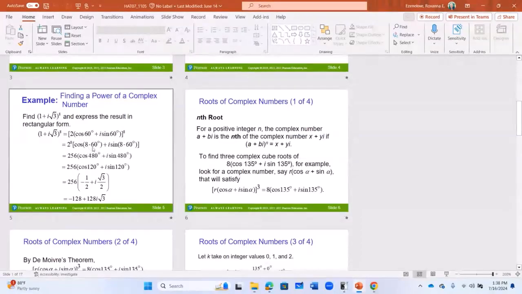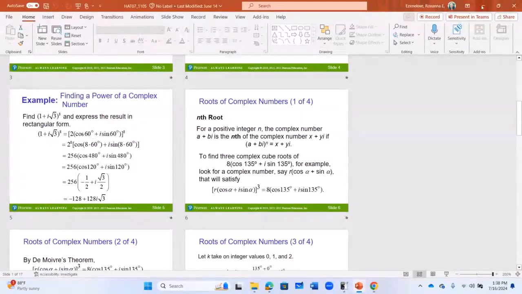We have seen an example. When you finish, convert your answer back to rectangular form. But suppose you're given a rectangular form, you have to make sure you know how to convert rectangular form to polar form.